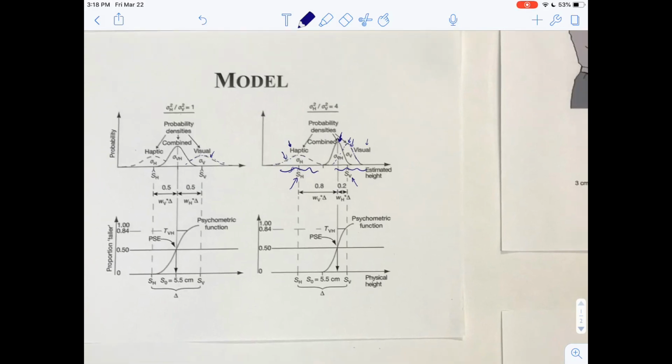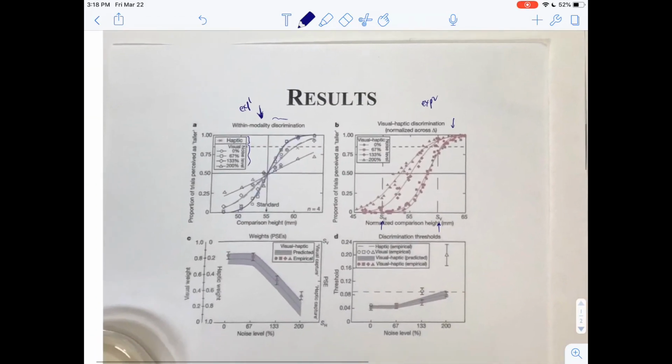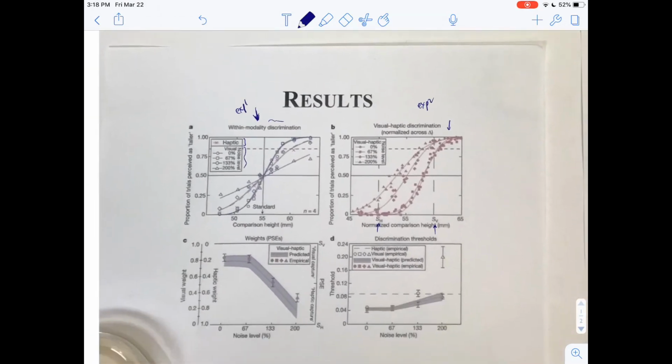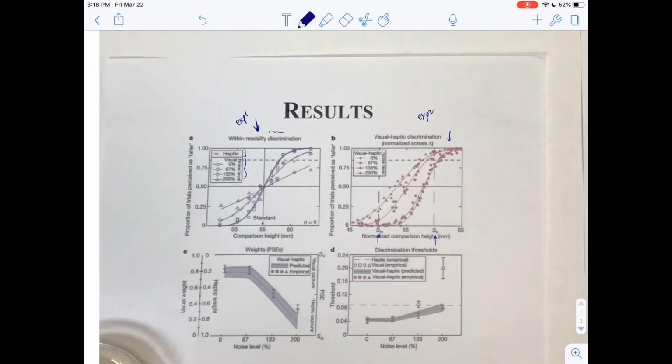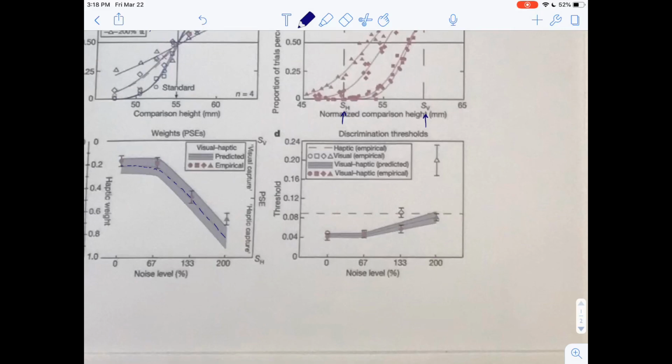Now we have to compare if they satisfy the maximum likelihood equations. So based on the results from experiment 1, you can predict the mean of the combined Gaussian and the standard deviation of the combined Gaussian. So the mean is represented here and the standard deviation is represented here.